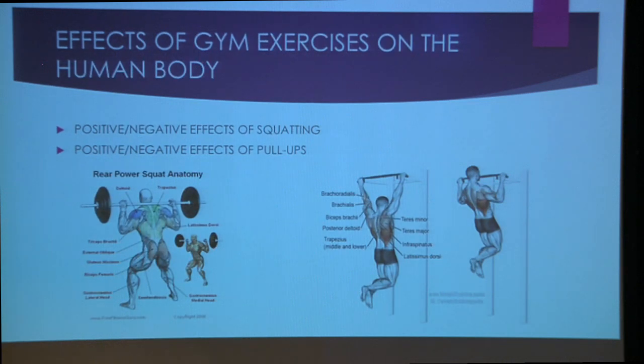So some of the effects that squatting, positive and negative, have on the human body are, excuse me one second. Squatting, a lot of the positives are they incorporate several different muscle groups, not just in the lower body, but also in the upper body and mid-body: quadriceps, hamstrings, glutes, abdominal muscles, all the way up into the rear deltoid muscles and the biceps.